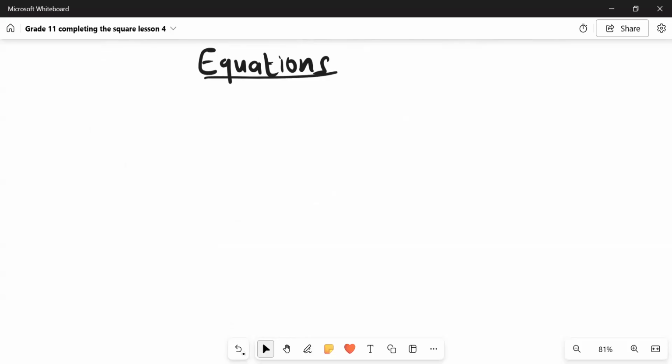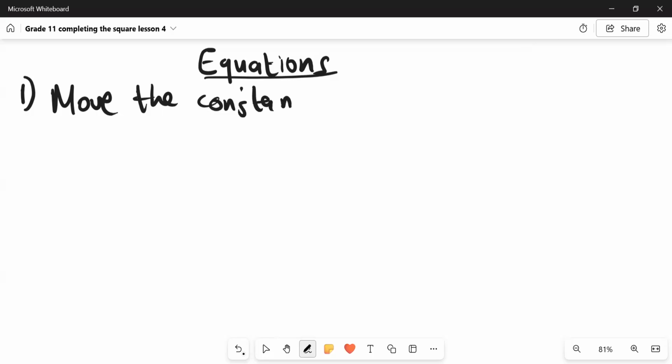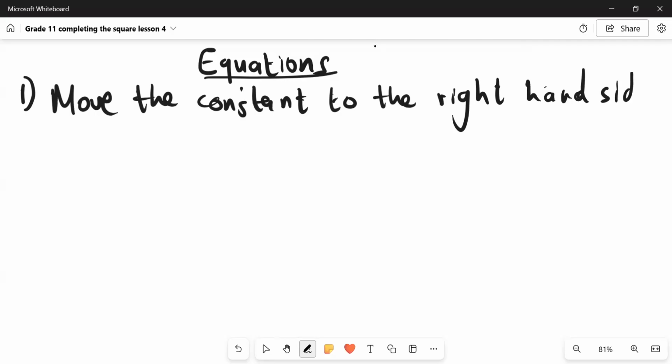So the first step, number 1, move the constant to the right hand side, which is our RHS.